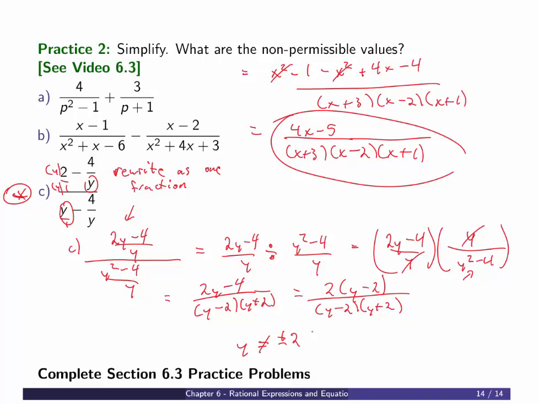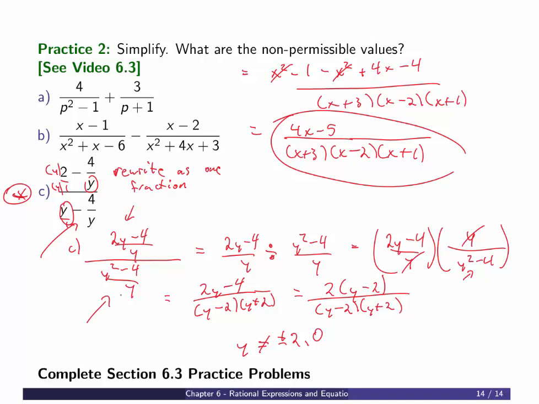Okay, what else can y not be? Well, there's many things y can't be here. Y can't be 0. Okay, looking back from the start. Can't be 0. And that appears to be it. Okay, so that's something you got to keep in mind.